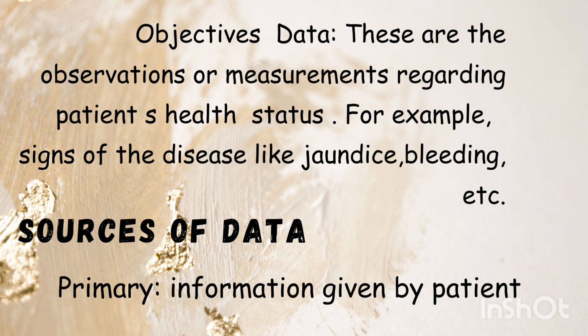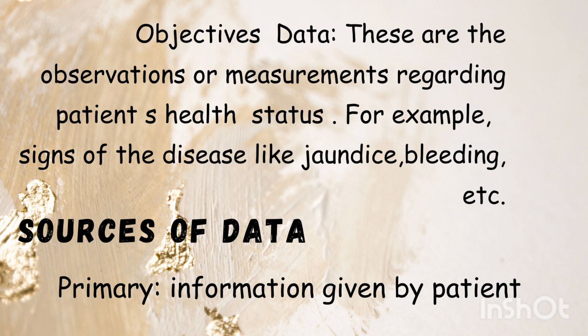Next is objective data. What is objective data? These are the observations or measurements regarding the patient's health status. For example, signs of disease like jaundice, bleeding, etc. Next is sources of data. There are two sources of data, primary and secondary.